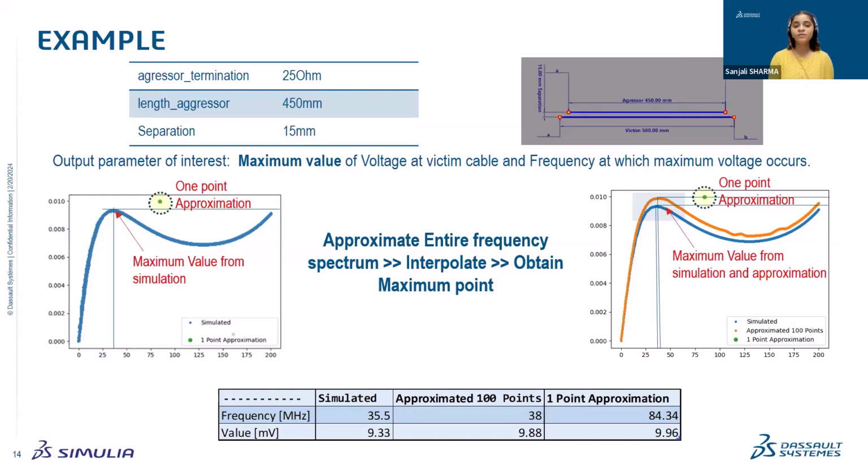The approximation with the 100 points which we have taken here is at around 38 megahertz, whereas the 1 point approximation is giving us the result at around 84.34 megahertz, which is a huge difference. So from here, we can conclude that instead of getting a 1 point approximation, we need to approximate the entire spectrum, interpolate the data, and then only obtain the maximum point.